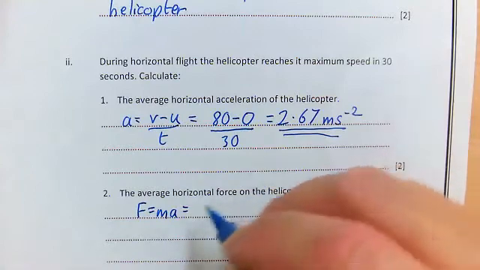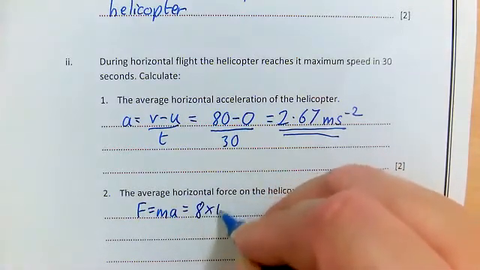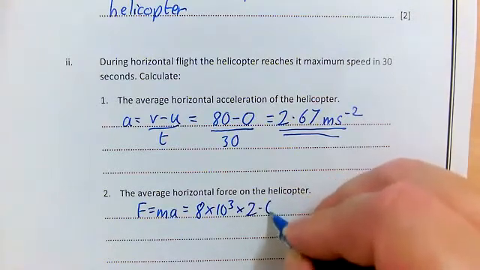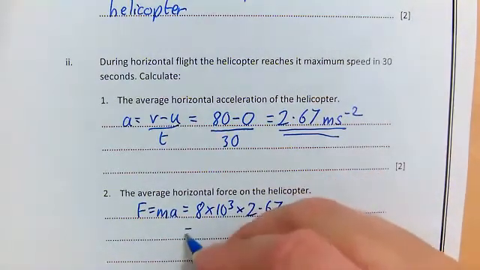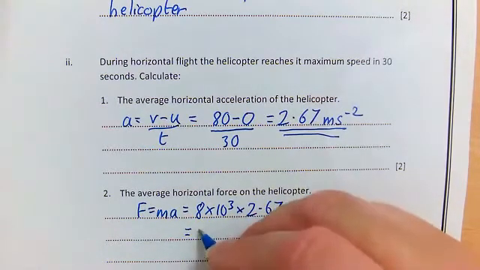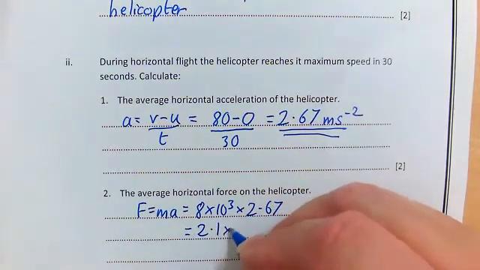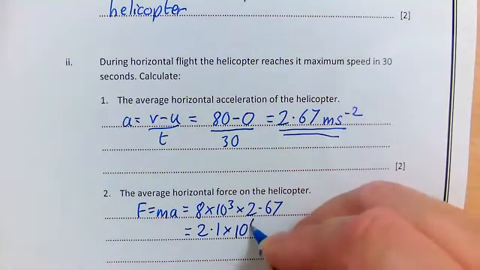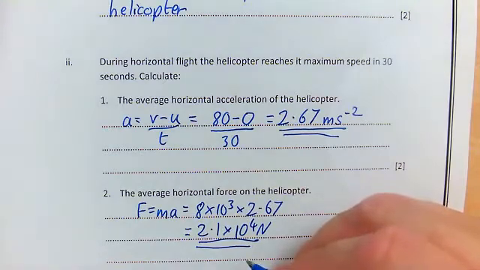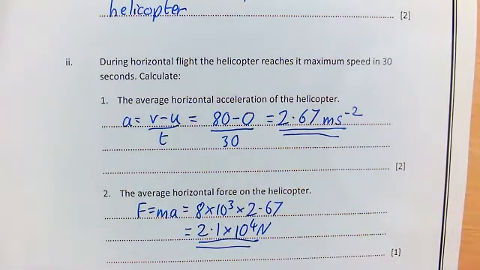So the mass is 8 times 10 to the power of 3 multiplied by the acceleration of 2.67 or 2.7. As long as I see that calculation, I end up with about 2.1 times 10 to the power of 4 newtons. And that's your answer, okay? Probably about half the papers I received got that one right.